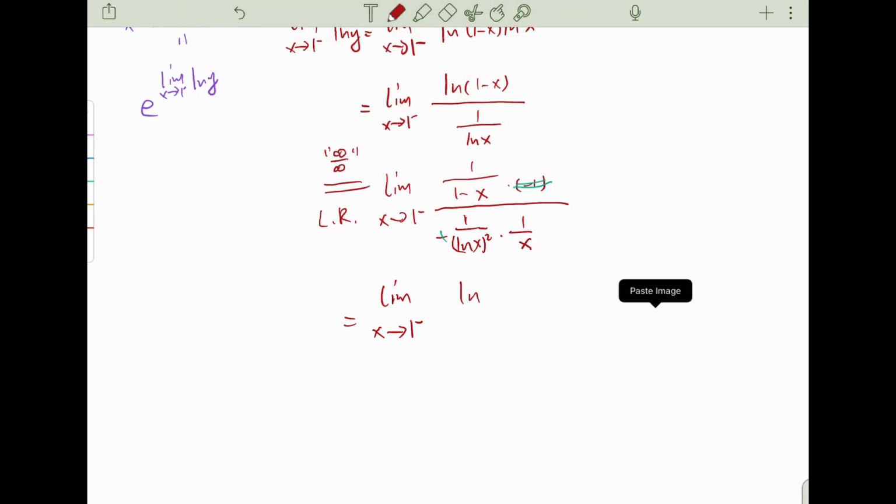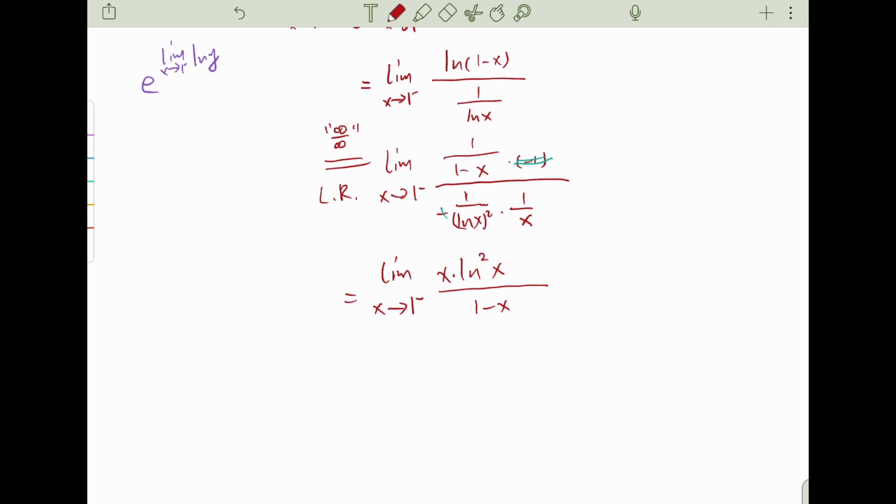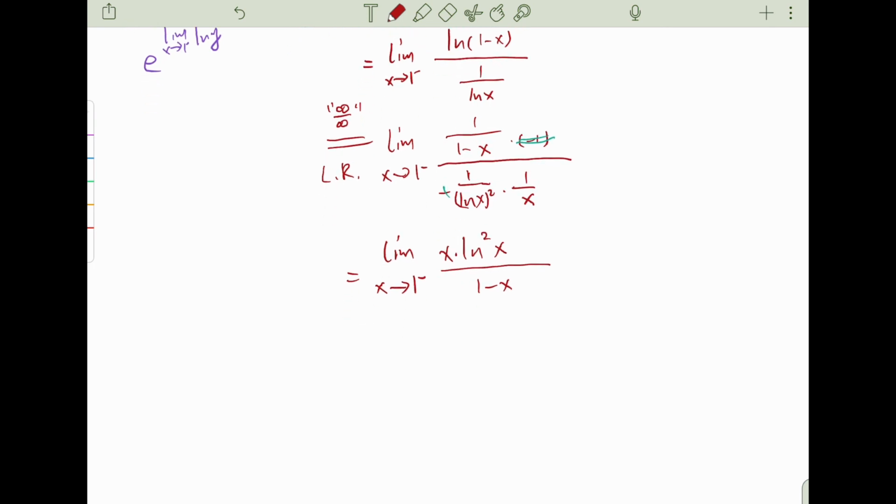So I have ln squared x here, divided by this 1 minus x in the bottom, and I'm also flipping x to the top. So it's like that. Now I plug in 1 into the expression, and I see that the top and the bottom are still going to 0. So again, we apply L'Hopital's rule for this 0 over 0 type.